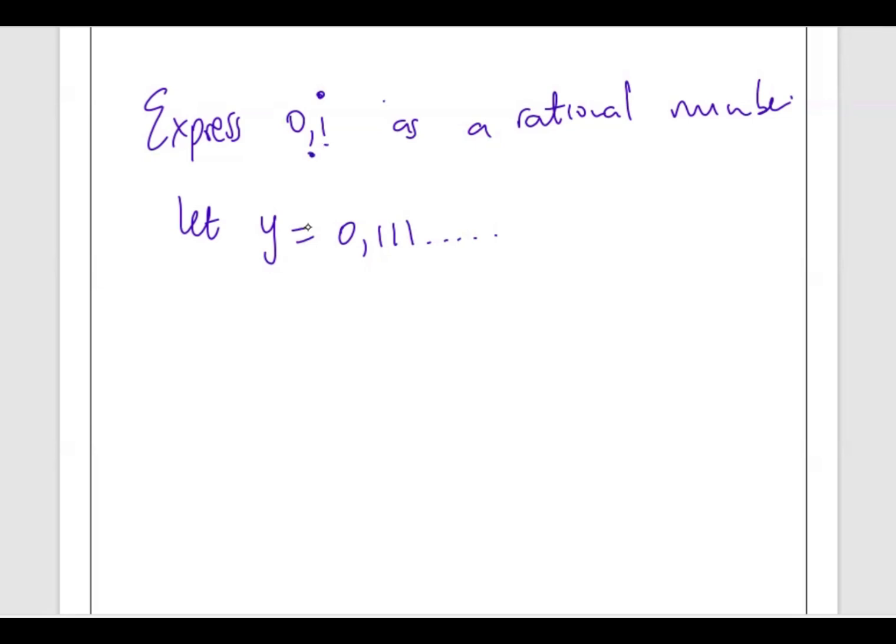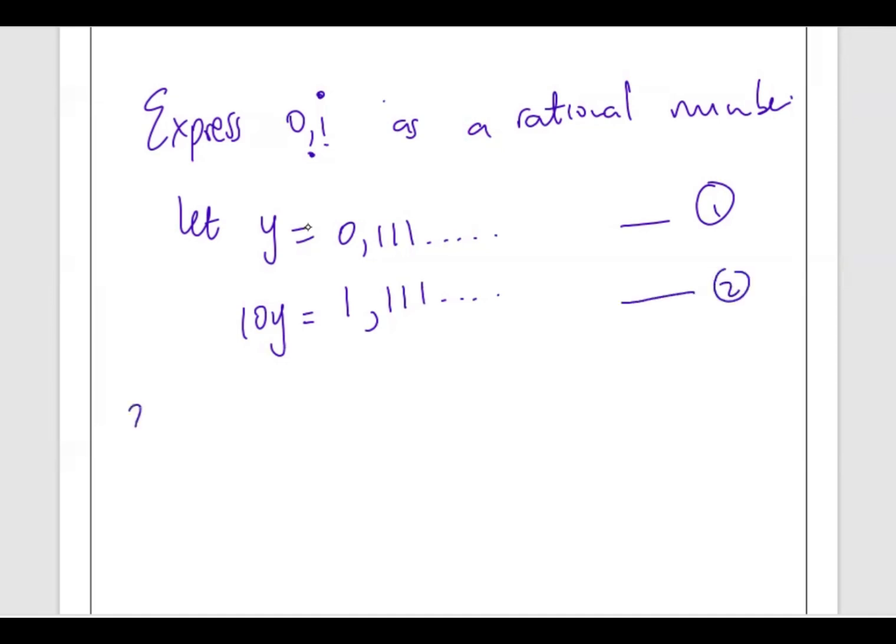So we're going to multiply by 10 on either side. If this is our equation number 1, then 10 on the left is going to be 10y, and 10 on the right is going to be 1 comma. We need to keep the same number of decimals, because the 1 continues and never ends. This is equation number 2.